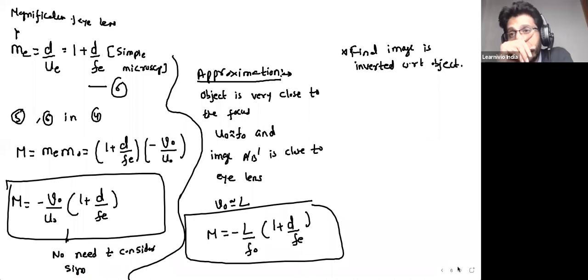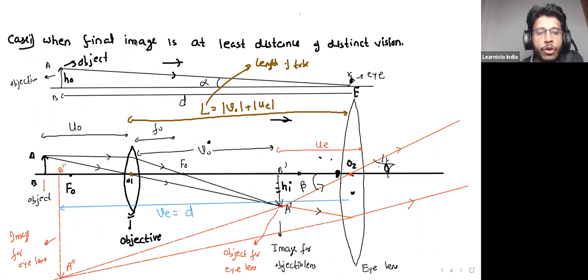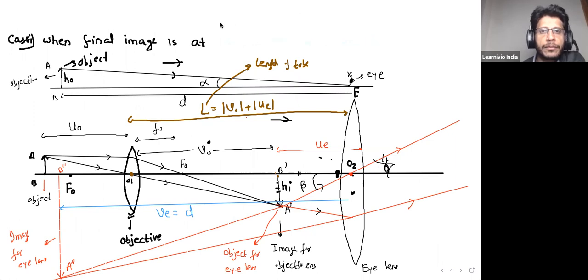So that was case one, when you're obtaining your final image at the least distance. There could be one more case, when your final image is not at the least distance, but at infinity. Now it's your turn to think. This is case two: the final image is at infinity.